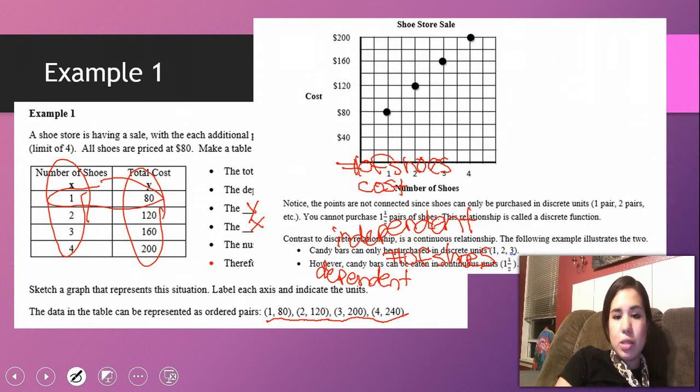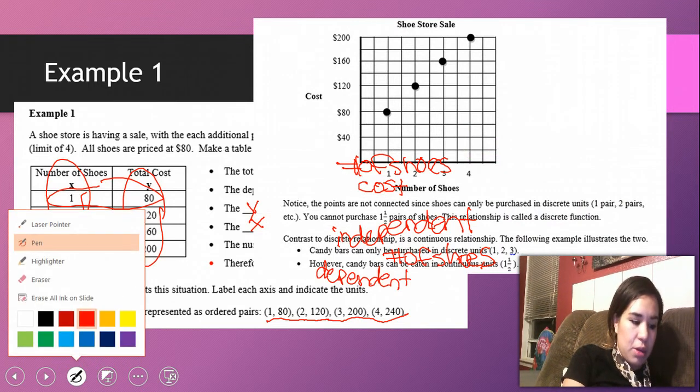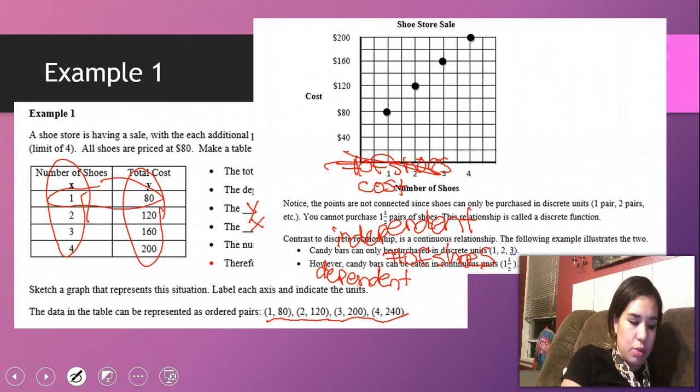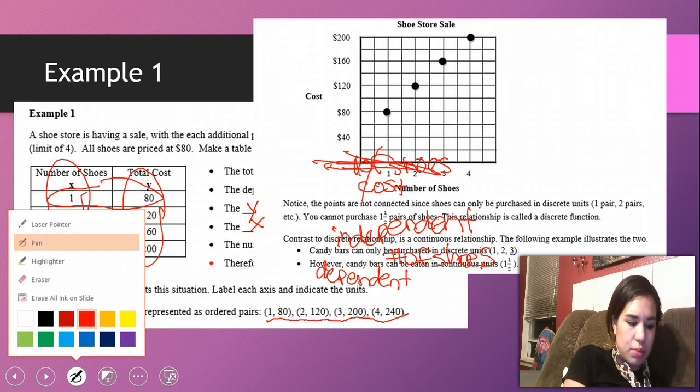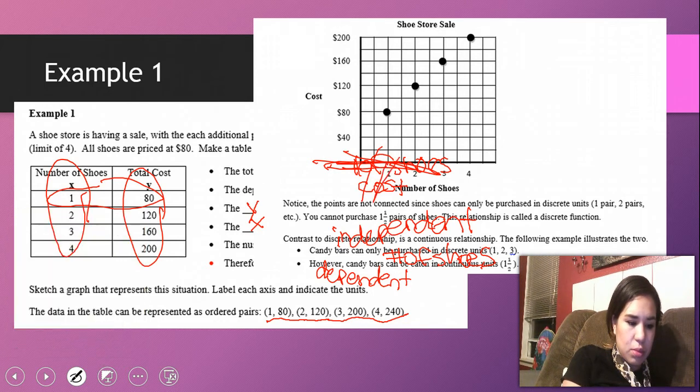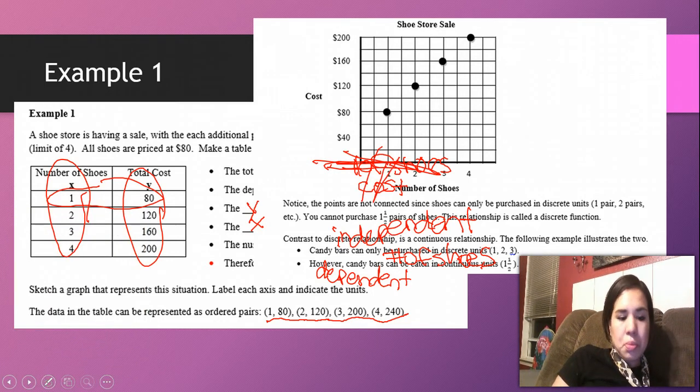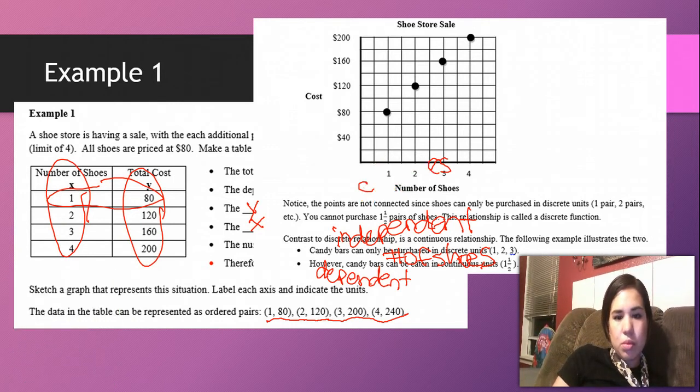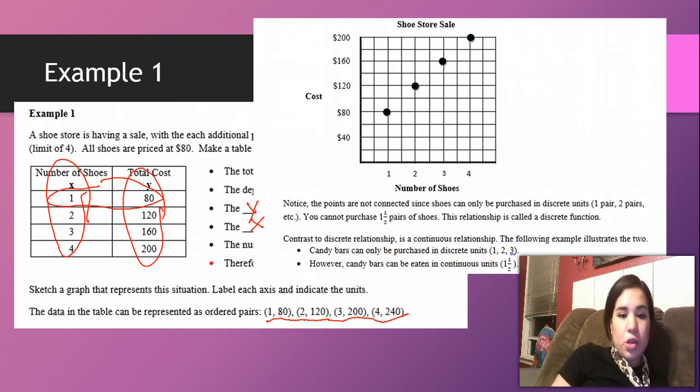Okay, so if you notice, now here we have a graph, and I'm going to just erase this so we can see what's going on with this graph. Here it says, notice that the points are not connected since shoes can only be purchased in discrete units.